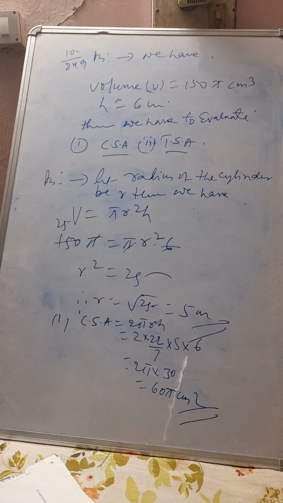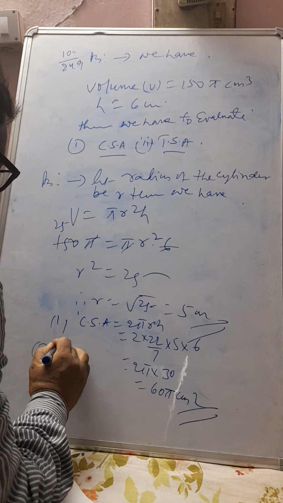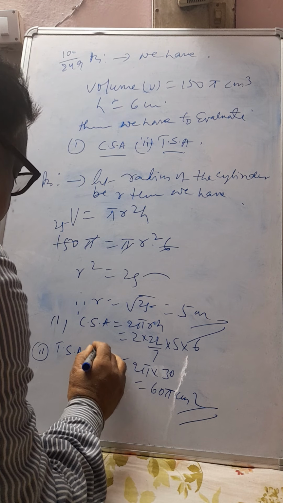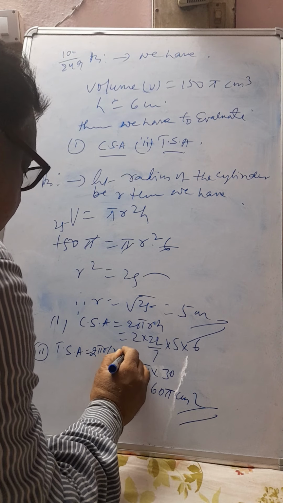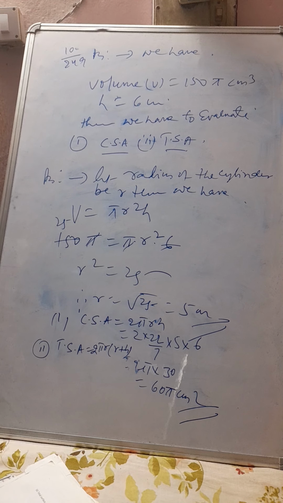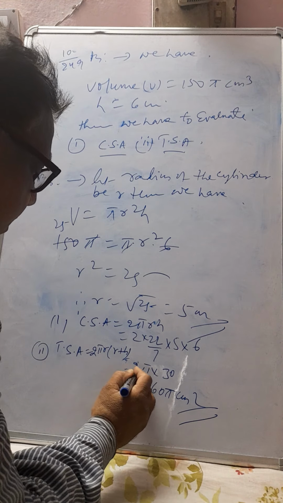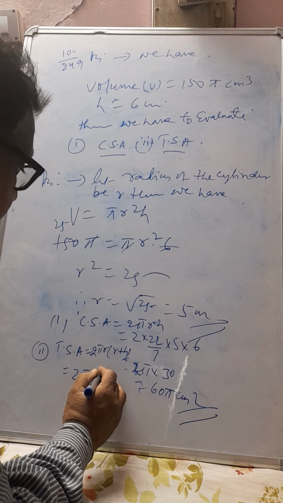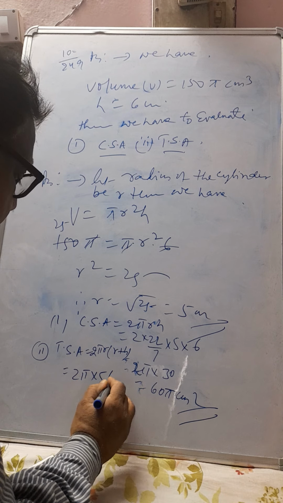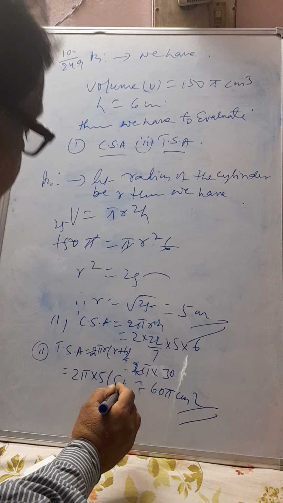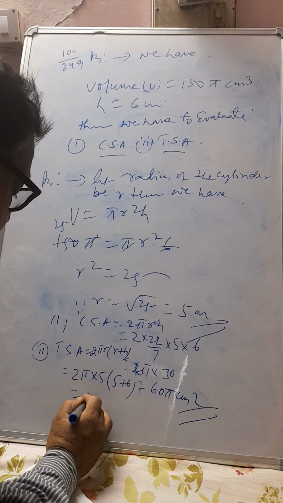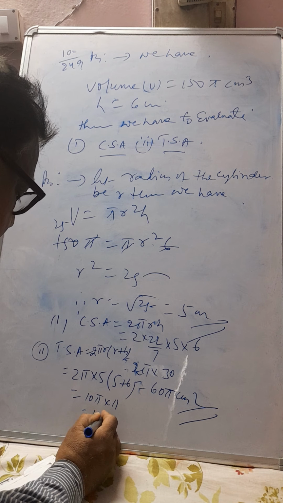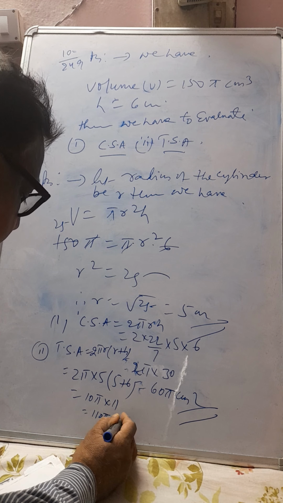Its second one is its total surface area is equal to 2 pi r into r plus h. Total surface area of a right circular cylinder is equal to 2 pi r into r plus h. 2 into pi into radius is equal to 5 into 5 plus 6. 10 pi into 11, 110 pi centimeter square.